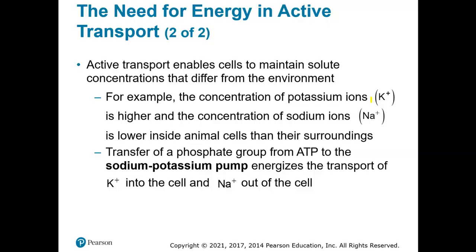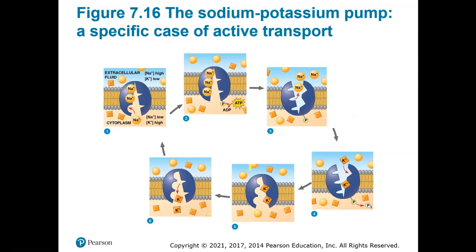So what we're going to look at is the active transport of sodium and potassium. And that carrier protein is called the sodium-potassium pump. And what it does is it transports 3 sodium ions out of the cell for every 2 potassium ions into the cell.